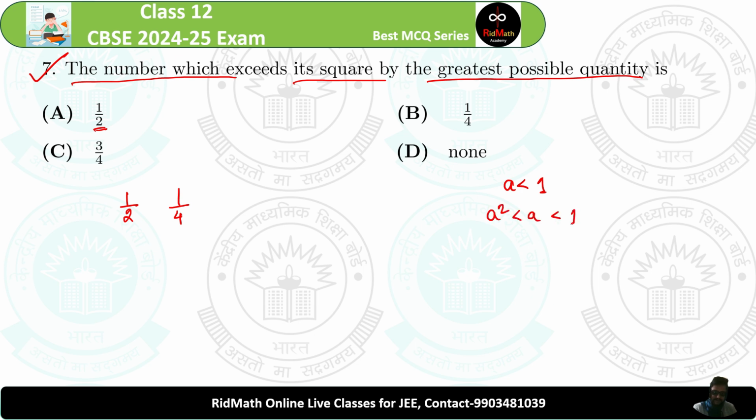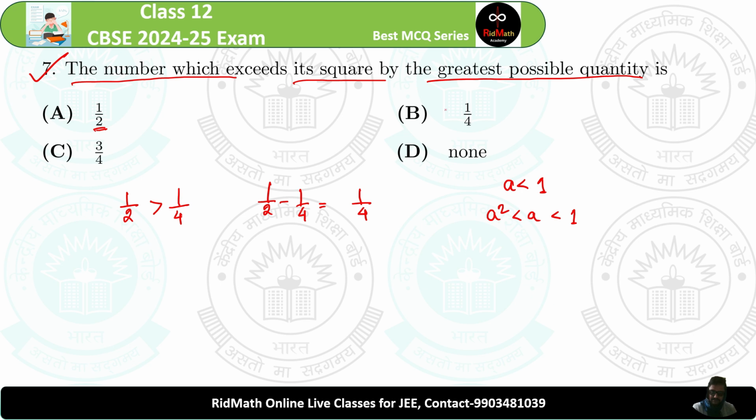So the square of each of these numbers is less than the number itself for all of them. Okay, so that means half is greater than 1 by 4, and the quantity by which half is greater than 1 by 4 is 1 by 2 minus 1 by 4, that means 1 by 4.